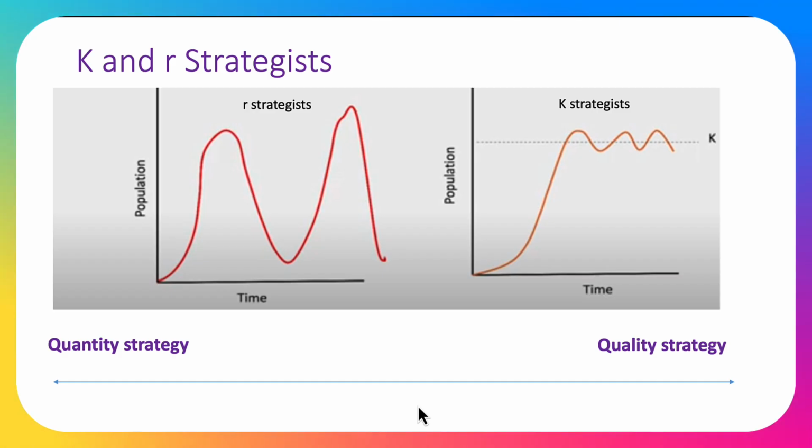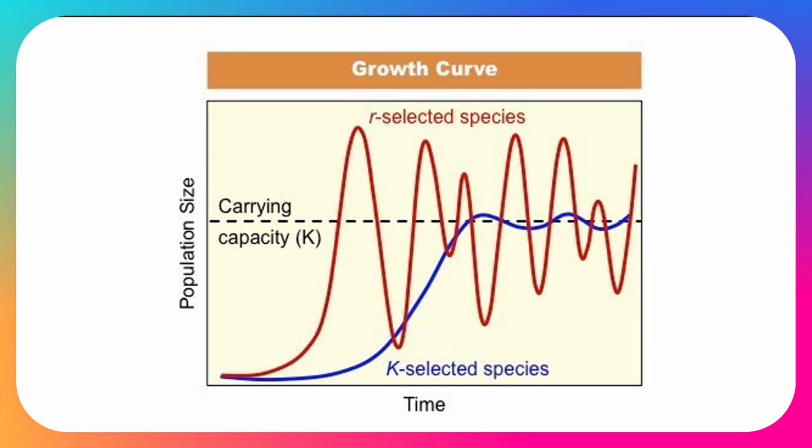You think that rabbits and rats, they produce a large number of offspring very quickly. And that is the K and R strategists. Putting it together, you can see the population size for the R selected species or the R strategists is very erratic. We have booms and busts, whereas the K selected species are very much oscillating around that carrying capacity.